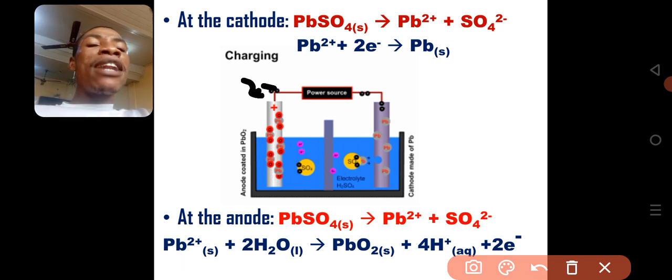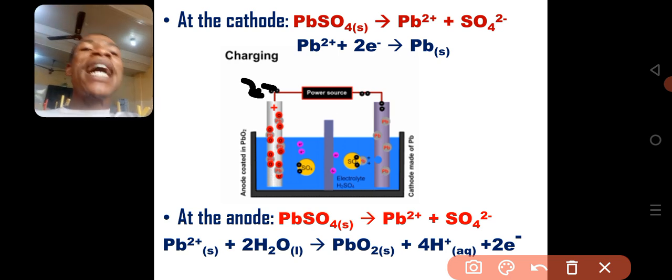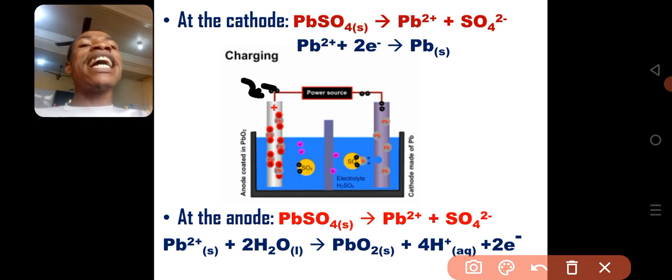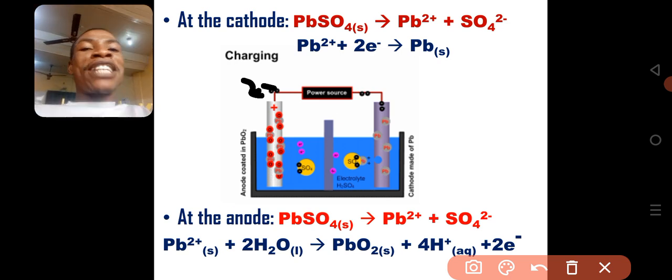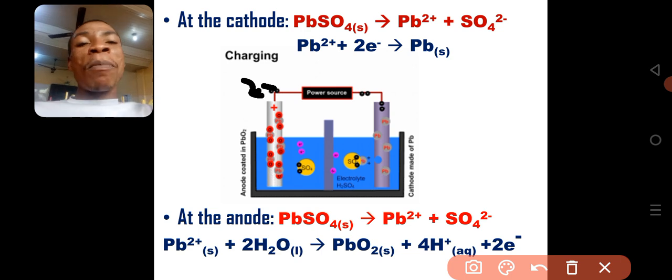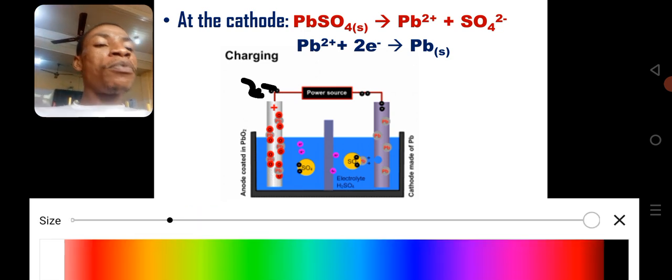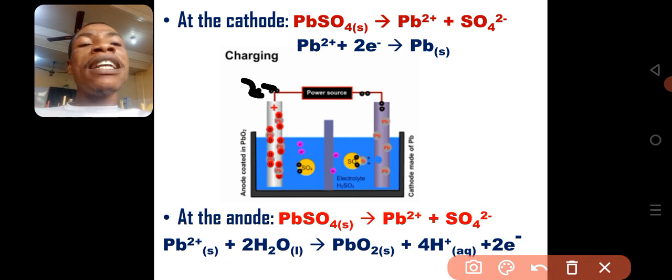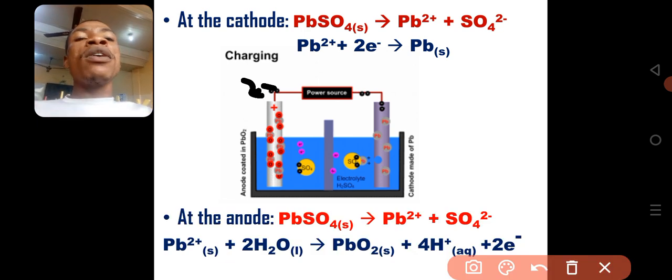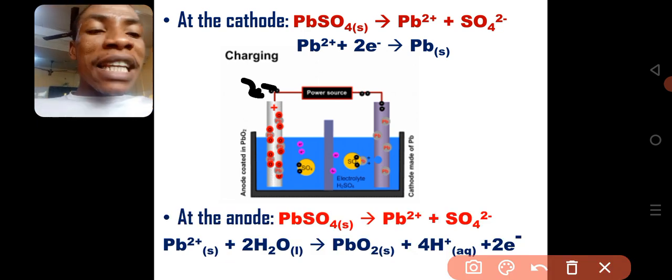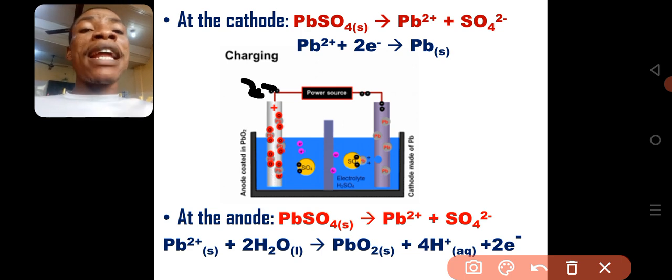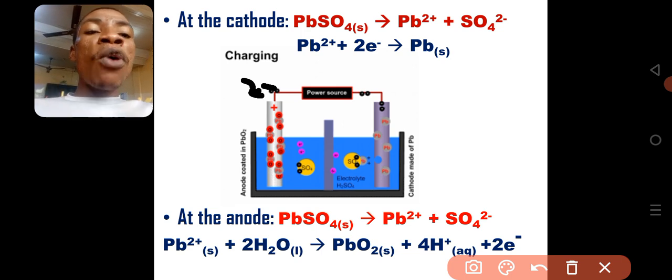Then at the anode of the recharging cell, which was the former cathode of the discharging cell, it has now become the anode as you connect it to an external supply of current or voltage. So at the anode also, PbSO4 solid will break into Pb2+ and SO4 2-.